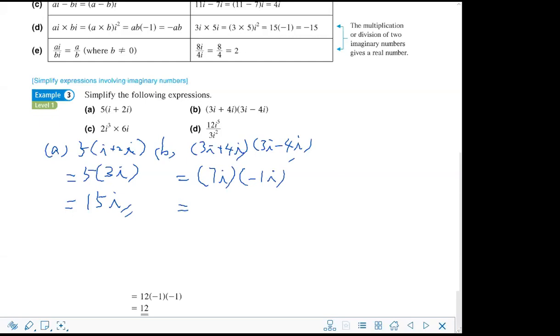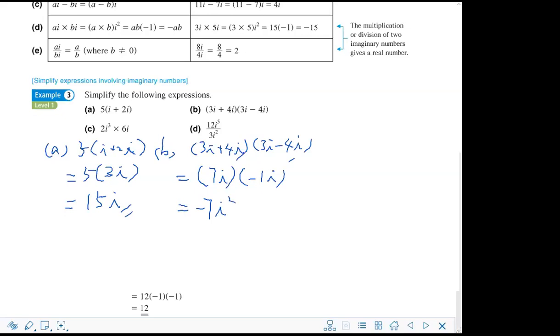Then we will multiply their numbers together, and we will multiply their i's together separately. For the numbers, we have 7 times negative 1. It becomes negative 7. And then for the i terms, we have i times i. It becomes i square.